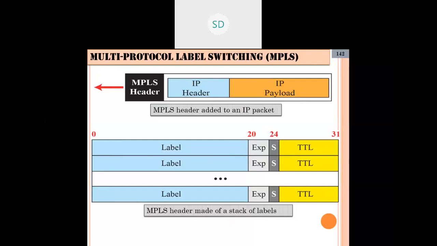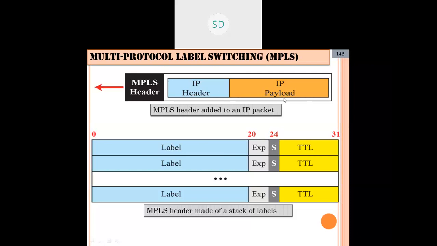Along with that, this label has its own protocol also, which is nothing but Multi-Protocol Label Switching. Okay, so this is the overall frame, or the overall contents present in the frame of label switching.